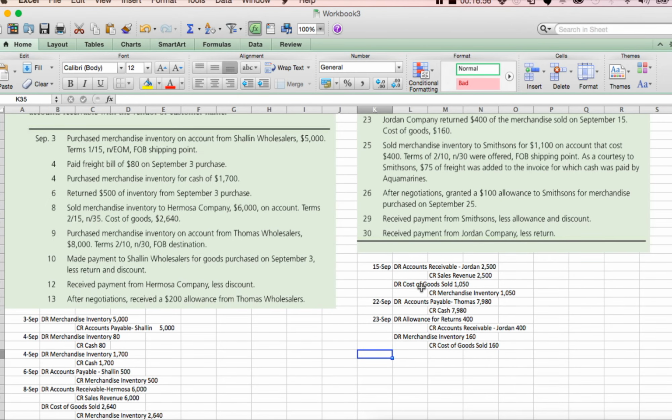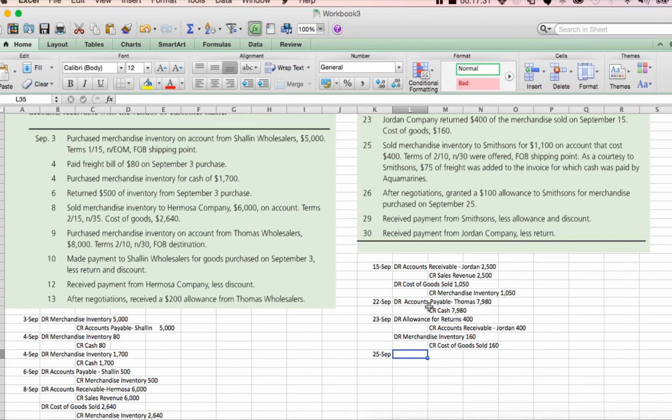Okay, moving right along. September 25th rolls along. Sold merchandise inventory to Smith Sons for $1,100 on account that cost $400. Terms were given right there, $210 net 30 FOB shipping point. As a courtesy to Smith Sons, $75 of freight was added to the invoice, for which cash was paid by Aquamarines, which is us.